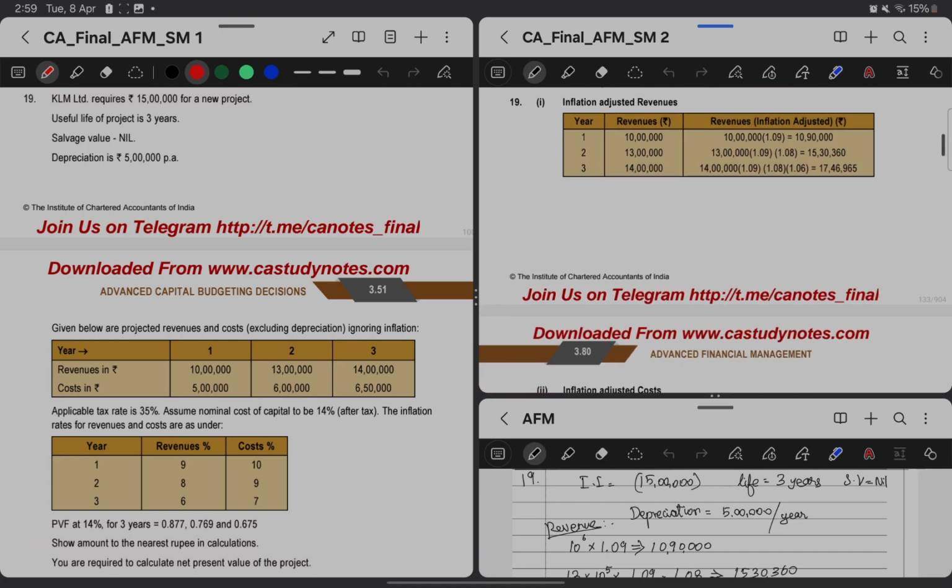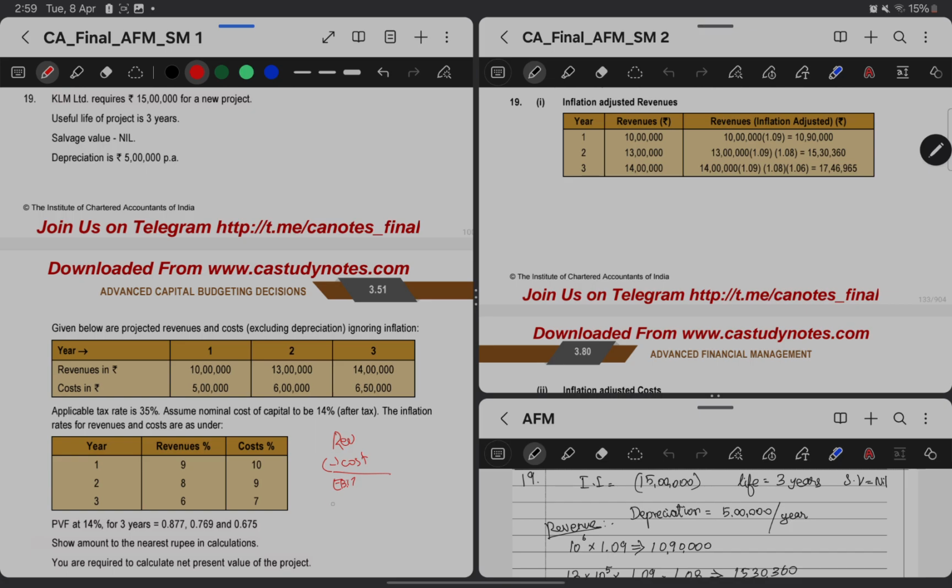First we have to convert all the cash flows into nominal terms to find the NPV. Revenue, so the basic model will be revenue minus cost. We will get earnings before interest and tax.